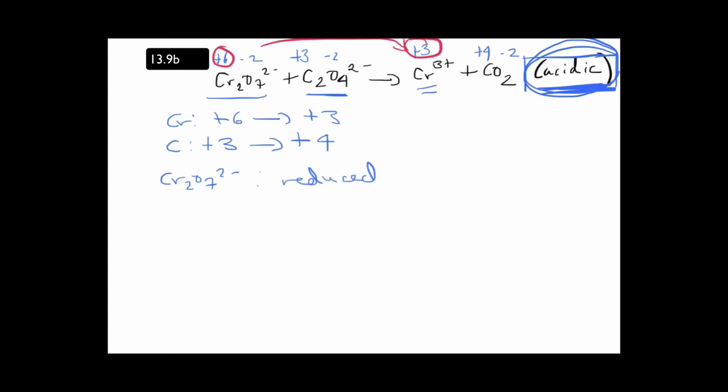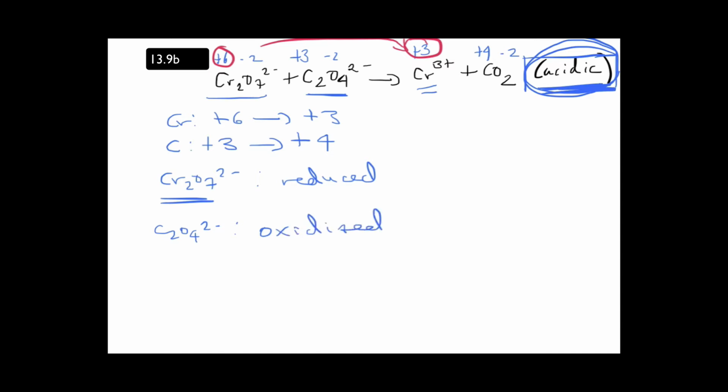And you can remember this by LEO goes GER or OIL RIG. If you're gaining electrons, you are going down in oxidation state, so you're going from +6 to +3 here. And if you're LEOing, you're losing electrons, you're going up in oxidation state. So we would say that chromate is the species being reduced, and C2O4 2- is being oxidized.